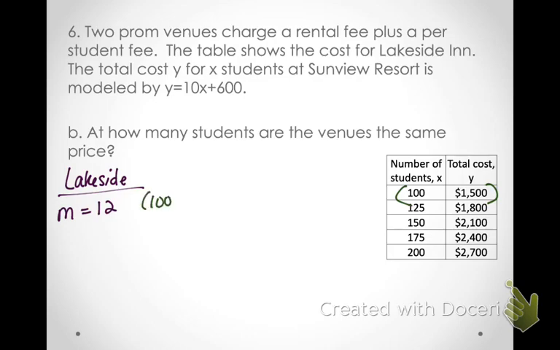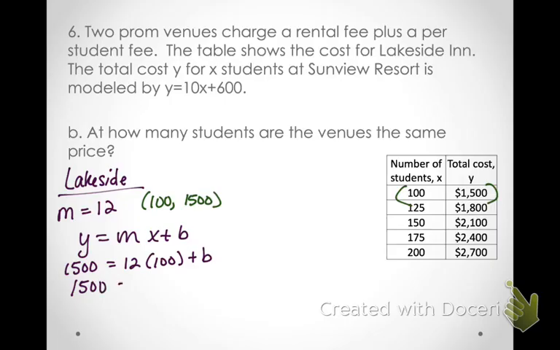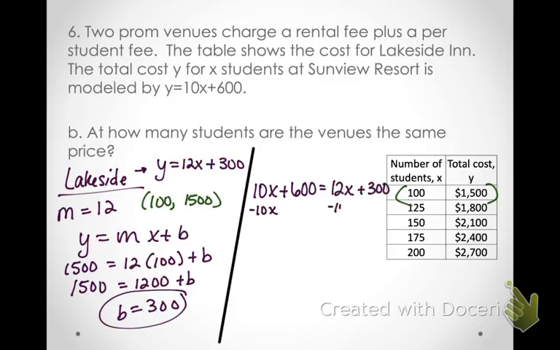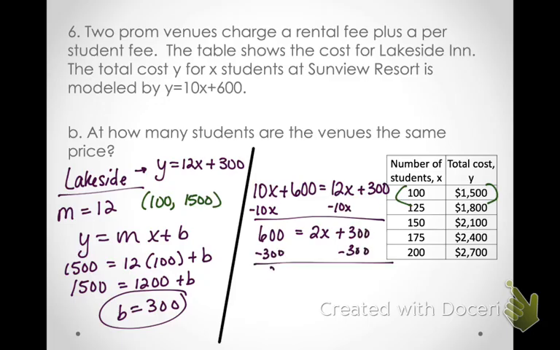First of all, we need to pick our favorite point, and then using y equals mx plus b, plug in your y, m, and x, and solve for b. Now that we have our two equations, we can set them equal and solve for x. In the end, we get the answer of 150 students. So whenever you have 150 students, the two prom venues would cost the same amount.